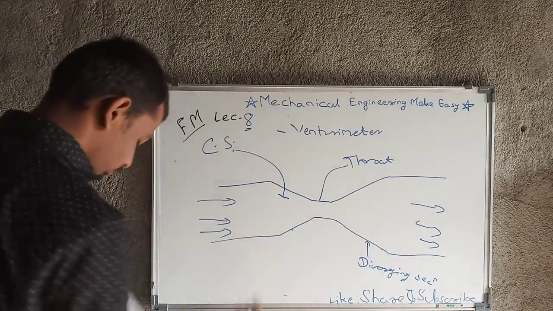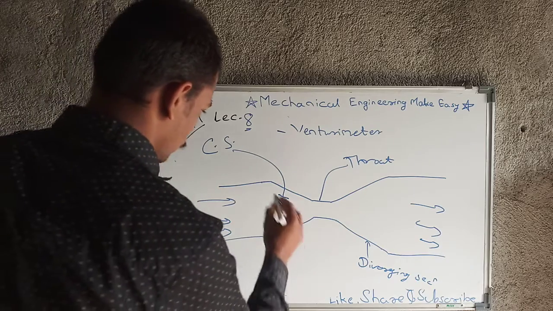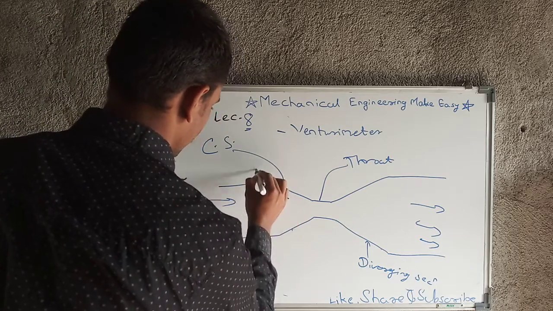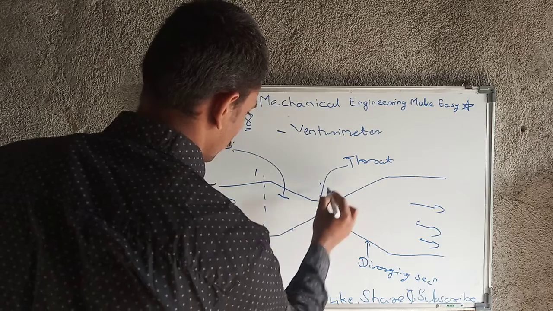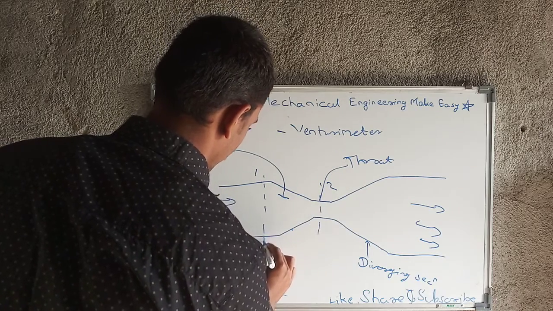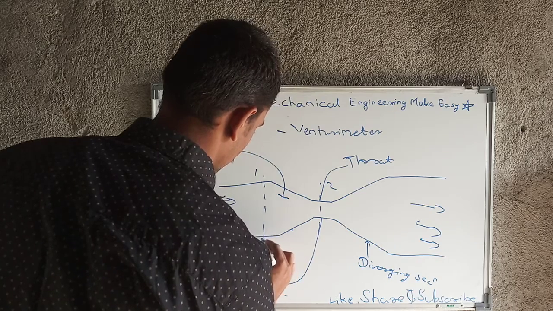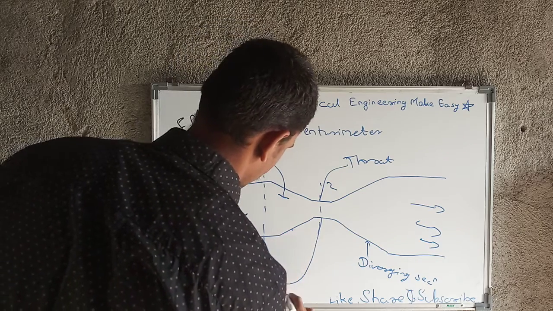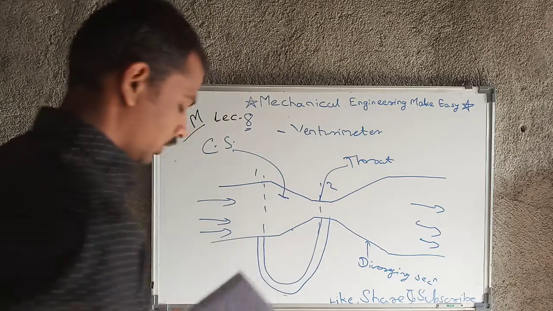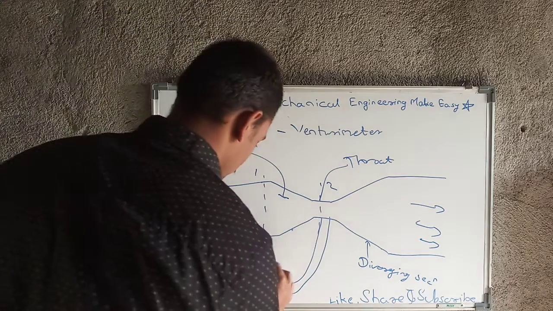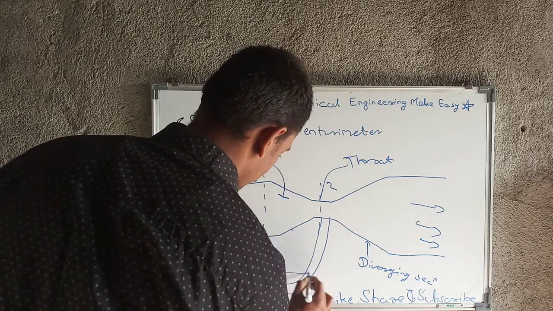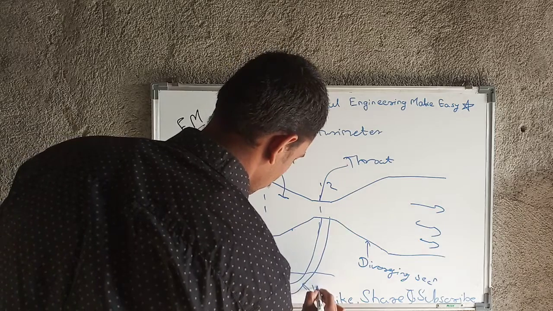What I will do, I will consider two sections. Here this is section 1 and at the throat there is section 2. So I will connect one tube here, and this tube will be filled with Hg.